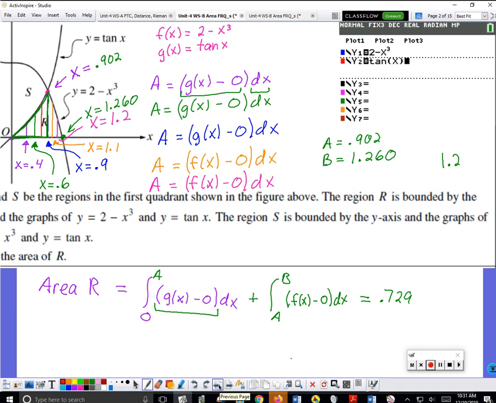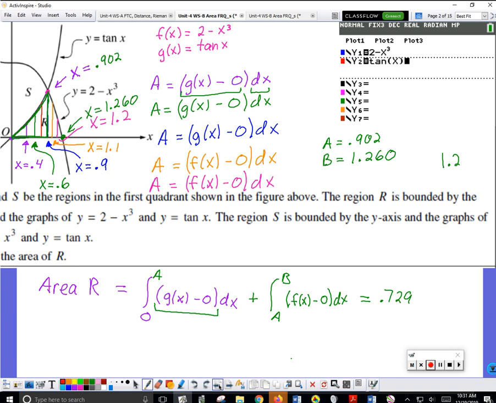Second thing, make sure F gets put in Y1 and G gets put in Y2. On a complex problem, if you mix that up, your answer will be wrong. Your written answers will be right, so you'll get most of the points, but you'll lose that easy one, which is just getting it in the calculator correctly. So watch out for that.